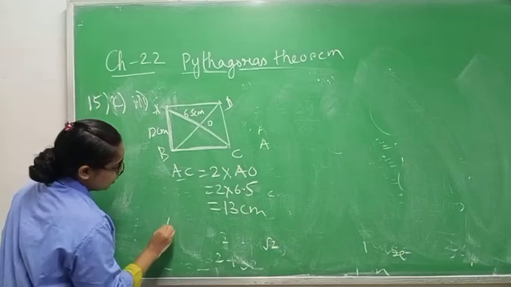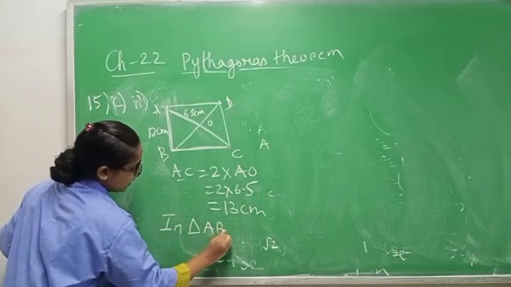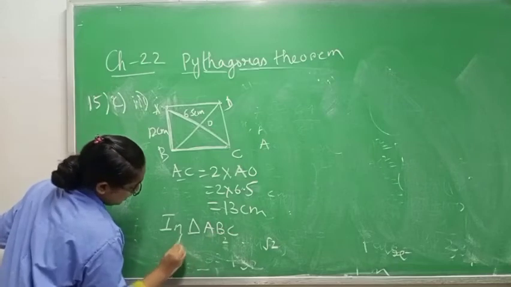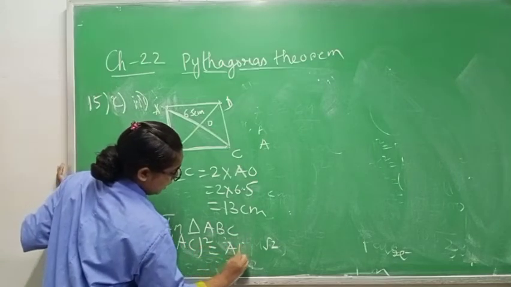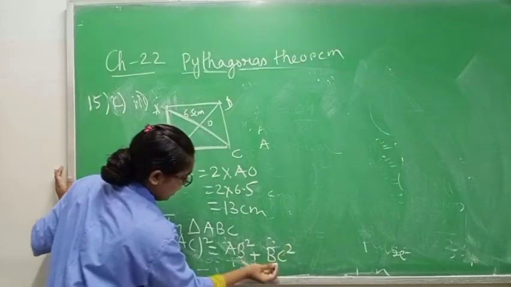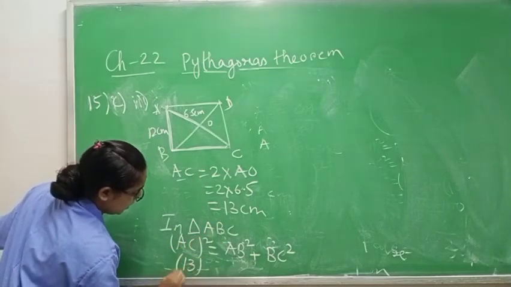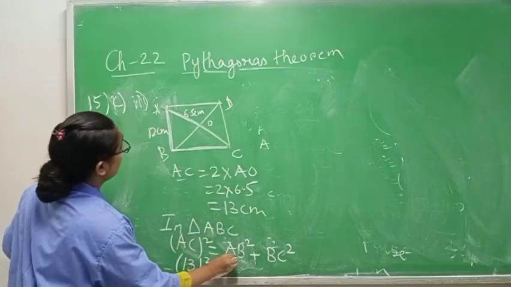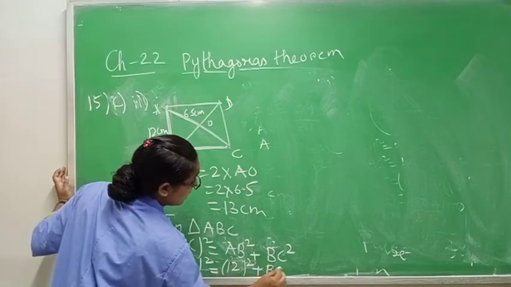Now by Pythagoras theorem in triangle ABC, AC square equals AB square plus BC square. So 13 square equals 12 square plus BC square.